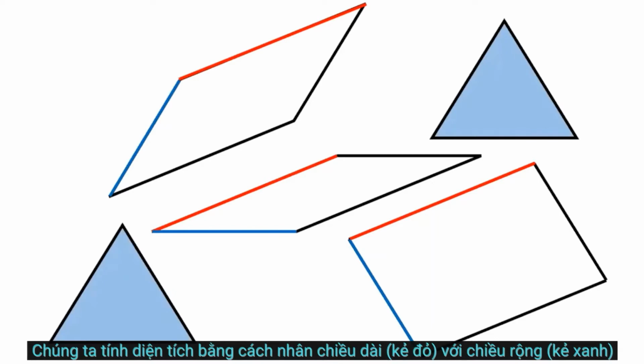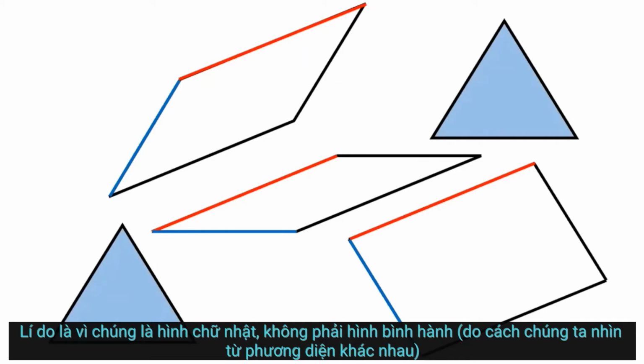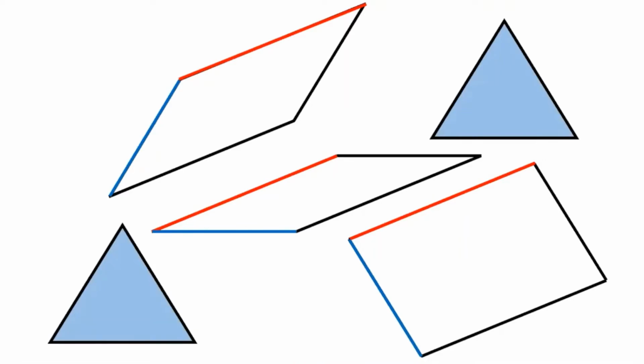We need to take the red line, which is its length, multiplied by the blue line. The reason why we use this method to calculate the surface area is because those are rectangles, which are not parallelograms; it's just how we look at the prism.